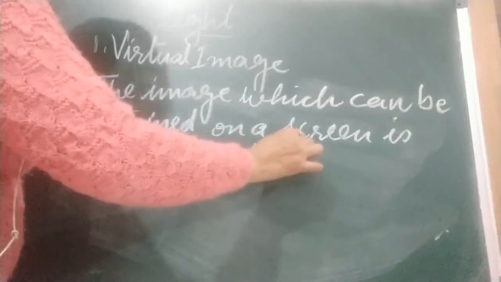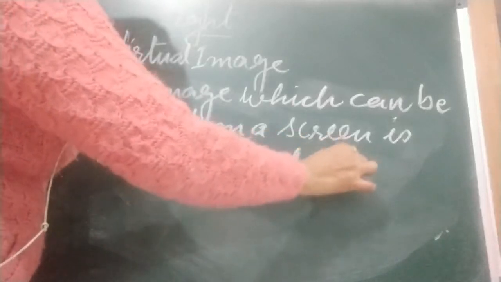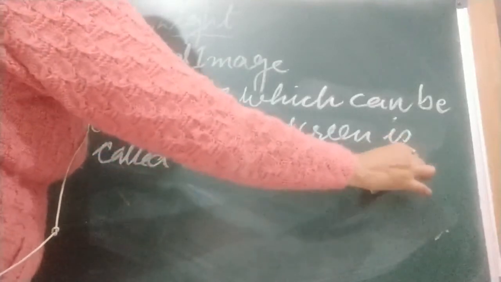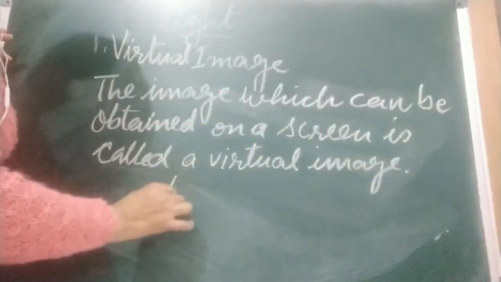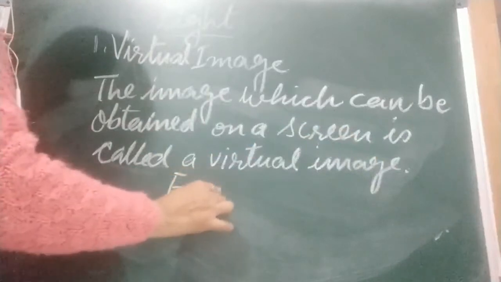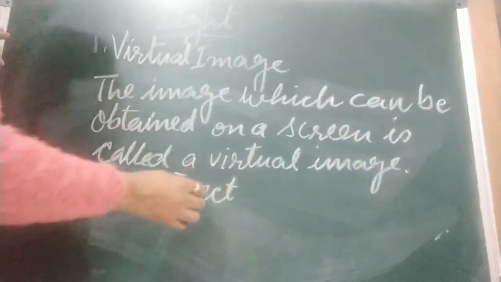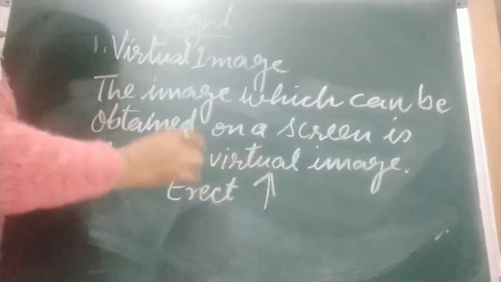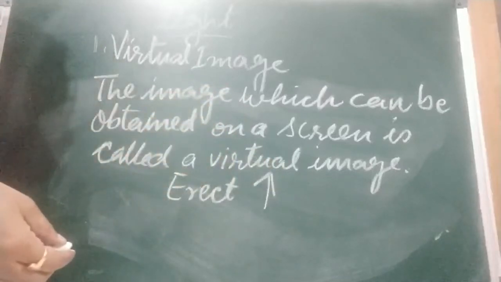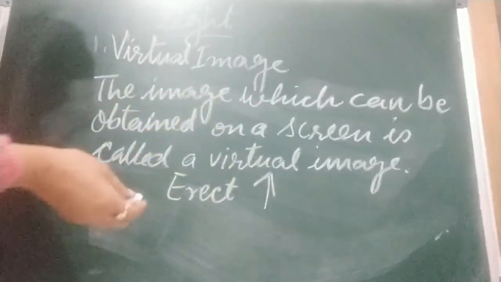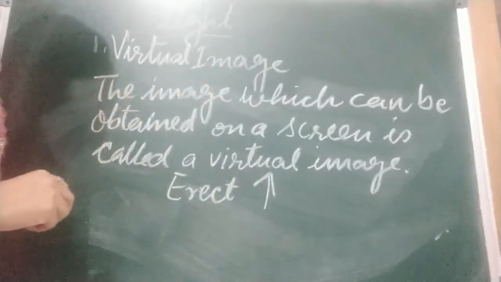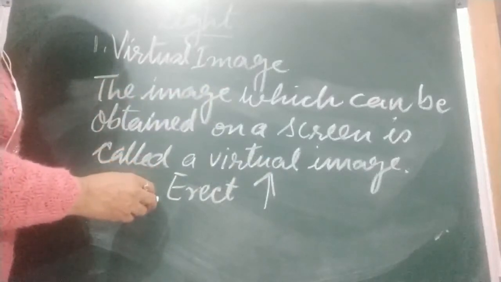What are the characteristics of a virtual image? It is always erect. Like we see our image in the mirror, it is erect. So our image in a plane mirror is what? A virtual image. So a virtual image is always erect, upright.